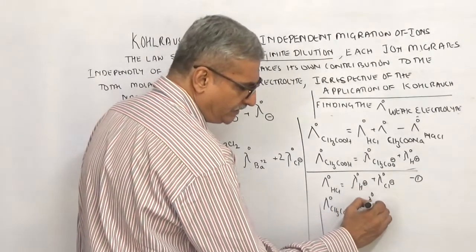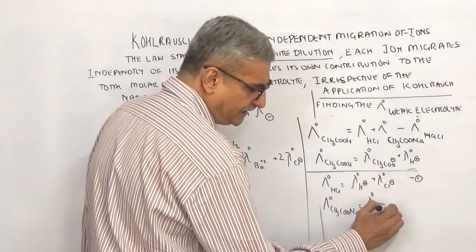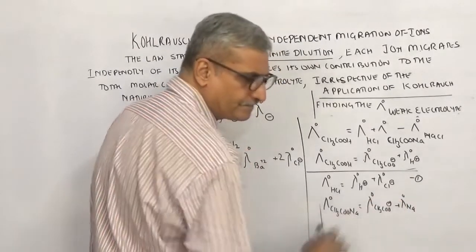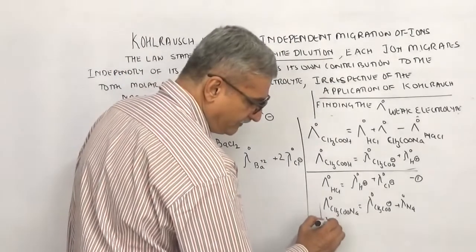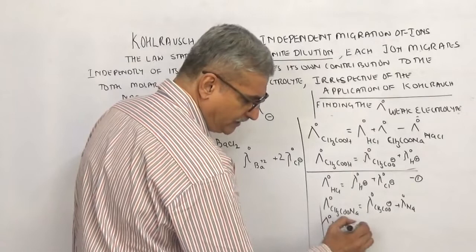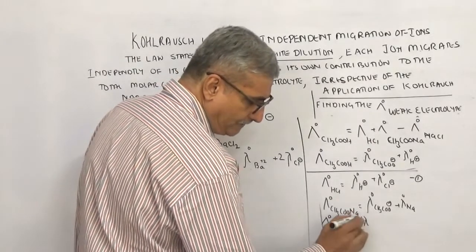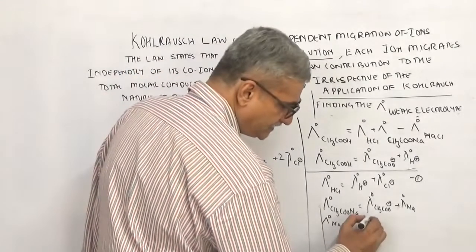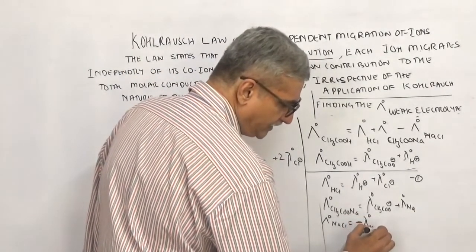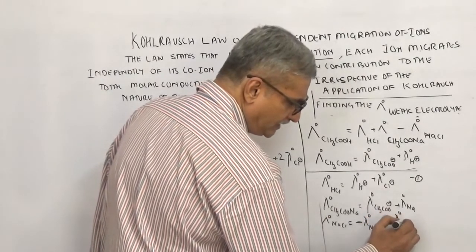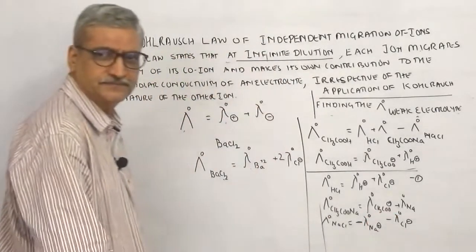The molar conductivity of acetate ion and sodium ion. And what is the third one we have? We are subtracting the molar conductivity of NaCl, that will be minus, because we are subtracting, minus the molar conductivity of Na plus ion minus the molar conductivity of Cl minus ion.